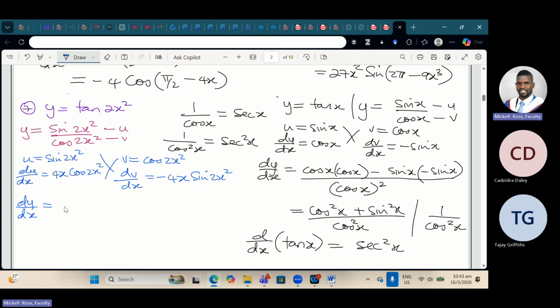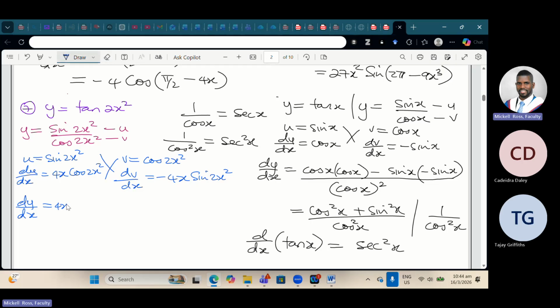So it is going to give us 4x cos squared 2x squared minus, well, no, let me backtrack a bit. What I did was work it out here, and I shouldn't work it out already.